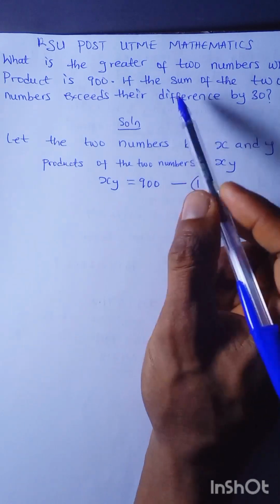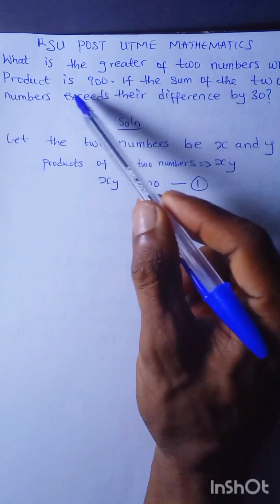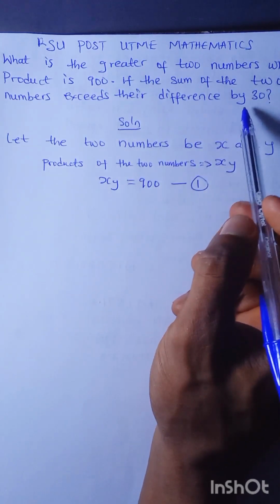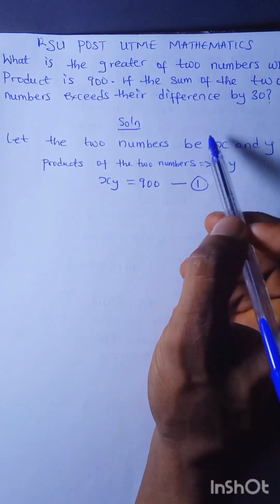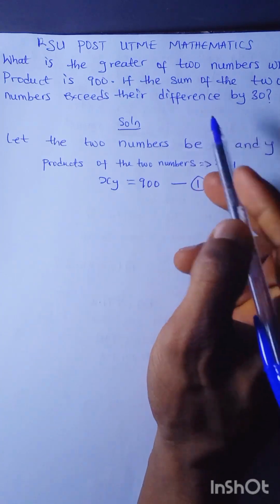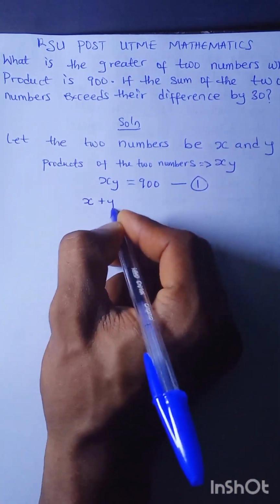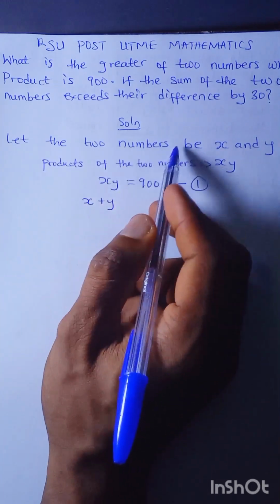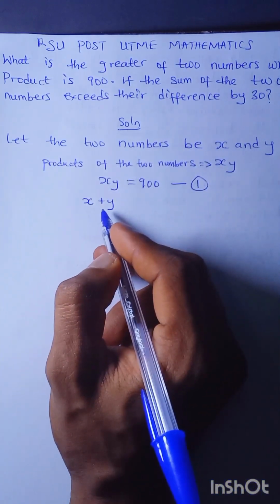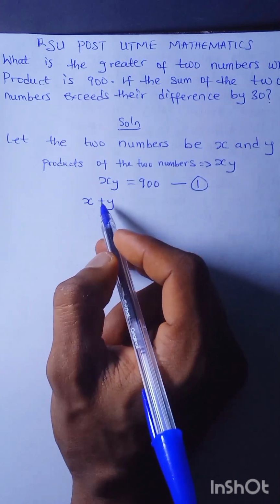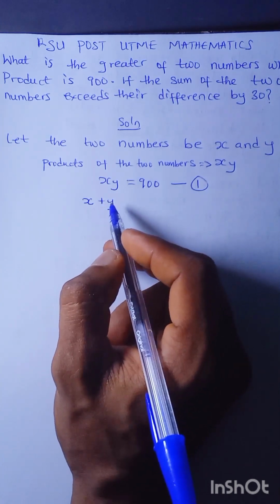And the next statement said if the sum of the two numbers exceeds their difference by 30. So we have to put a statement for this also. What is the sum of the two numbers? It means x plus y. Remember we said let the two numbers be x and y. We are told that the sum exceeds their difference by 30.